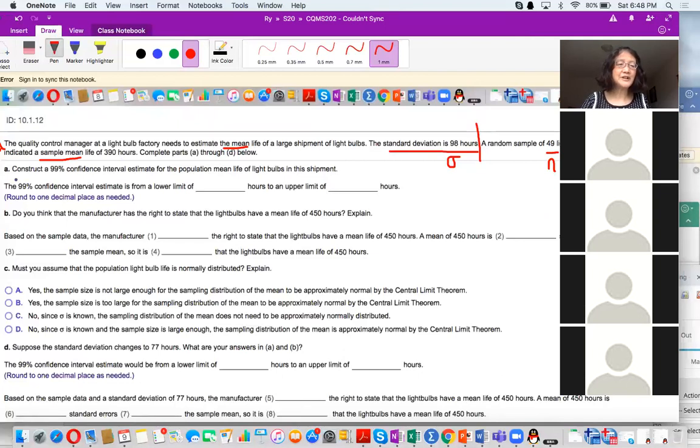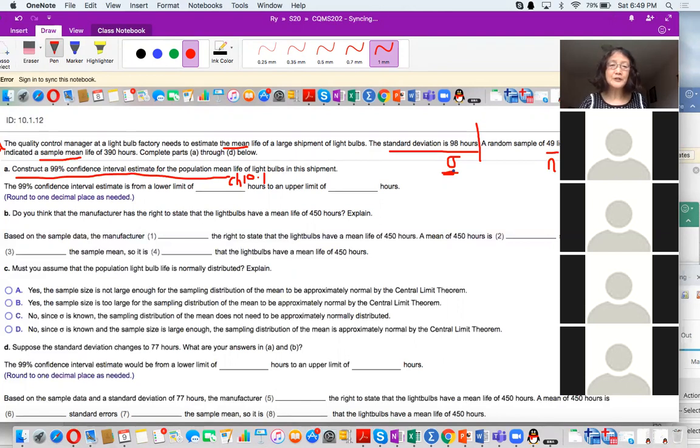So now the question asks you, construct a 99% confidence interval estimate for the population mean. That is the question. And this question belongs to chapter 10, section 1, because you know the population standard deviation sigma, 98. Okay, any questions? Once you understand what is asked, I will introduce 2 different methods.